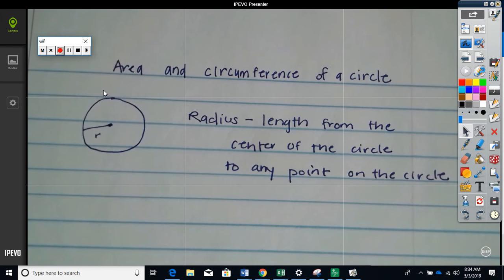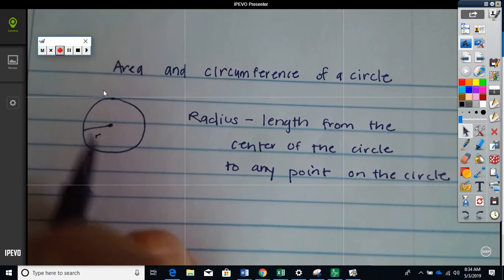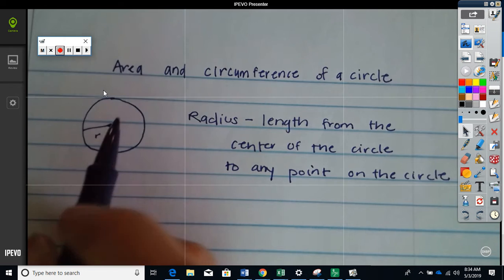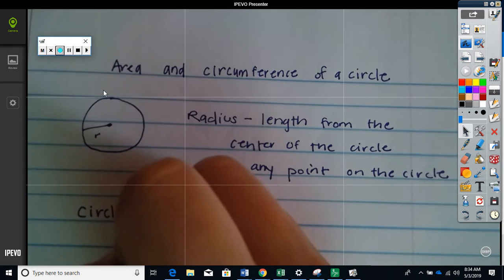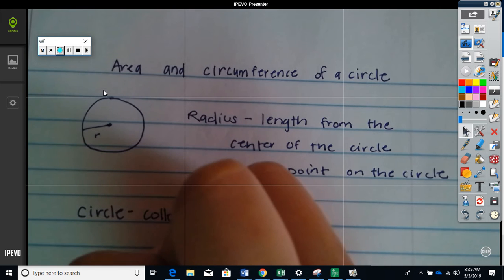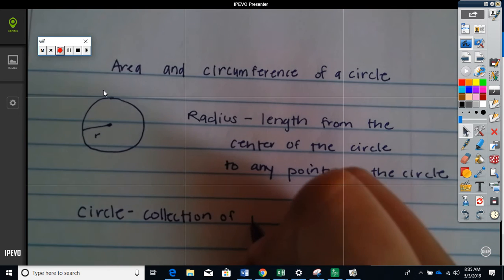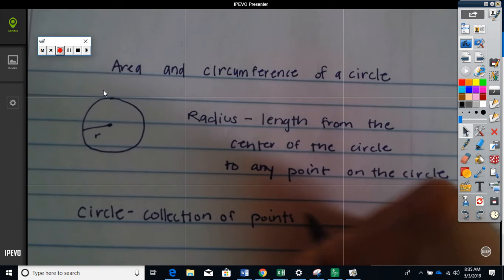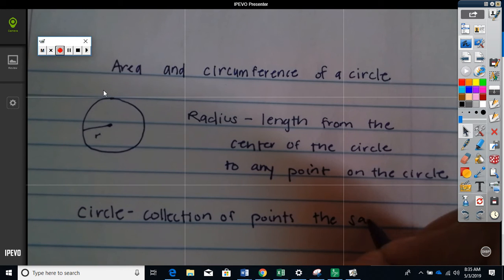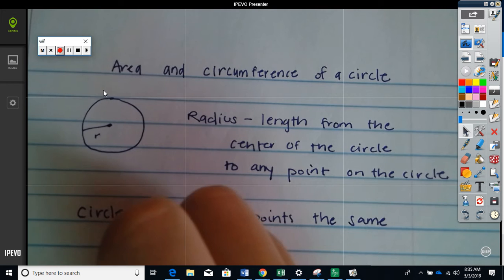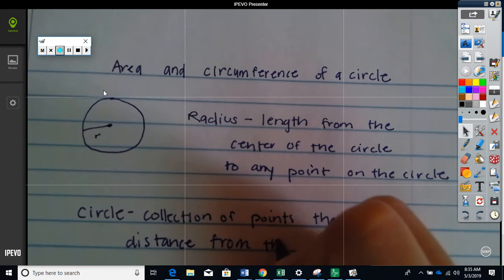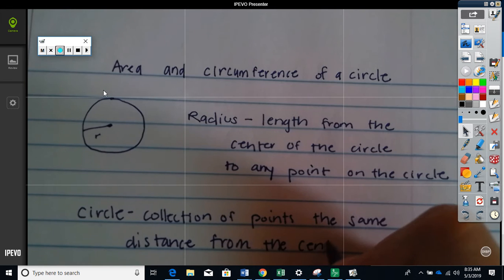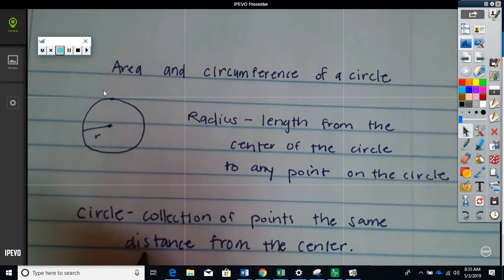So circles don't have sides. Essentially, a circle is a collection of points the same distance from the center. That distance is the radius.